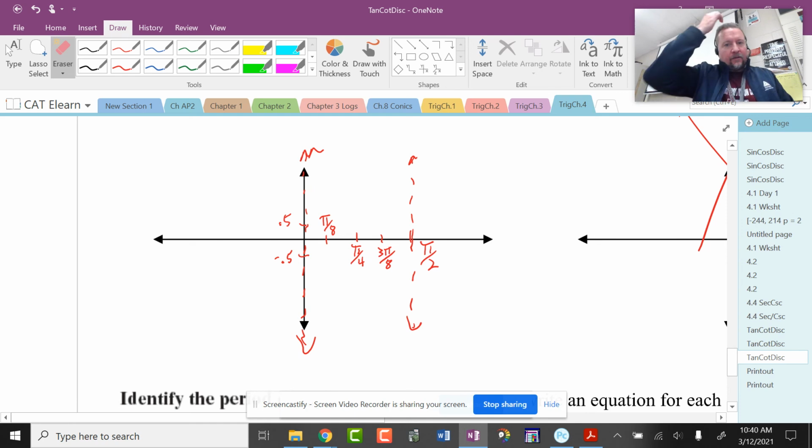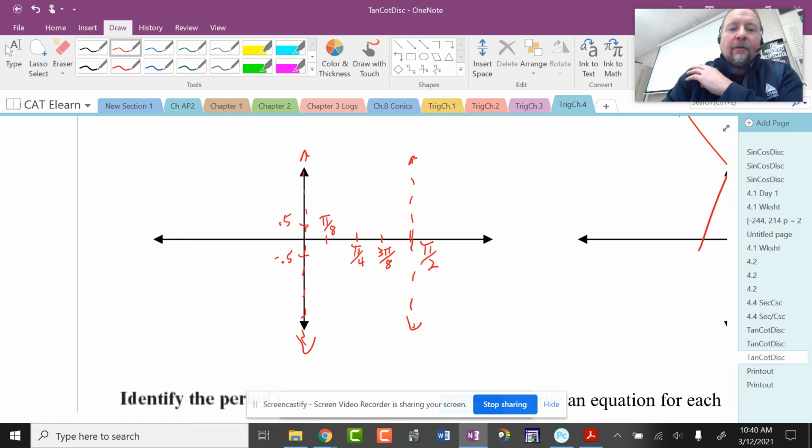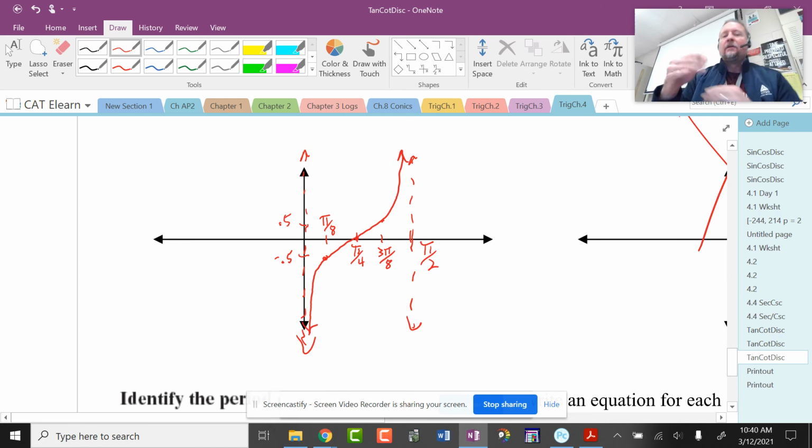We didn't have to do that with secant and cosecant because we knew what sine and cosine were, and they're just the flip of those. But anyway, flipping this over the x-axis makes it look like tan. You will see that tan and cotan are almost identical pictures, except where the asymptotes are, and one's flipped compared to the other. All right, that's why I said I was going to be lazy about a second period.